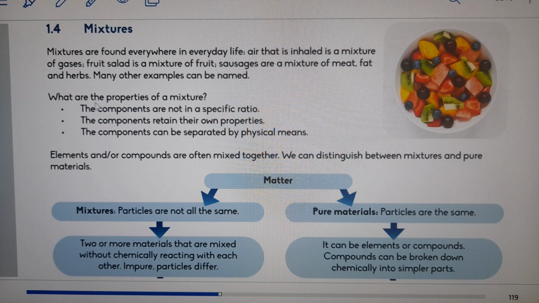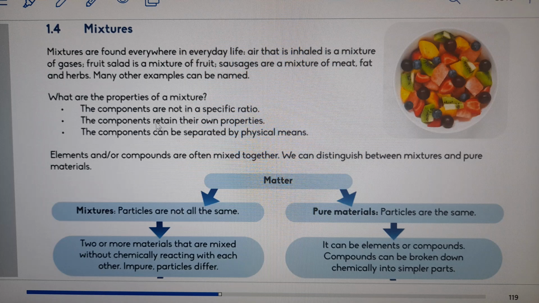Okay. What are the properties of a mixture? The components are not in a specific ratio. You can mix anyhow that you want, okay? But remember, for compounds the ratio stays the same. Components retain their own properties, okay? So the strawberry will have the strawberry properties, the grape will have grape properties, and the kiwi fruit will have the kiwi fruit properties.